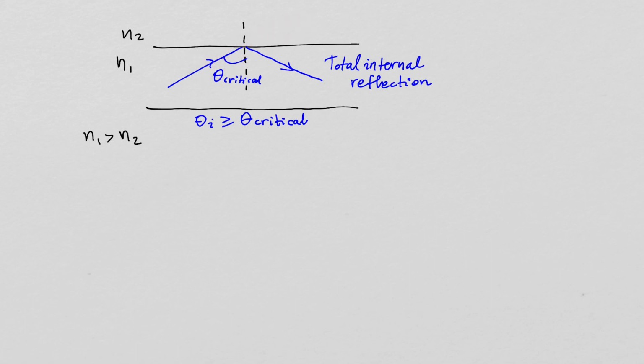Instead, it's going to reflect from the boundary back into the first medium. When the incidence angle is exactly equal to the critical angle, then the reflected light ray will actually be traveling parallel to the boundary between the two media. And when the angle of incidence is larger than the critical angle, then we have total internal reflection.